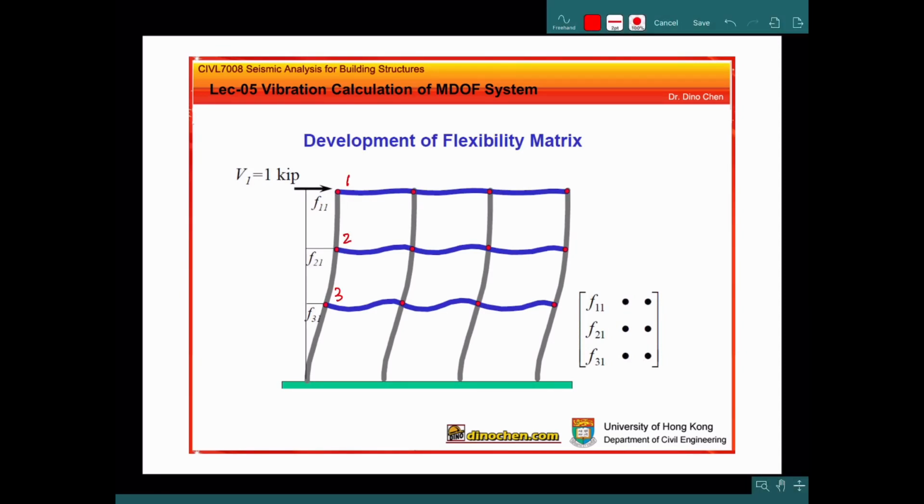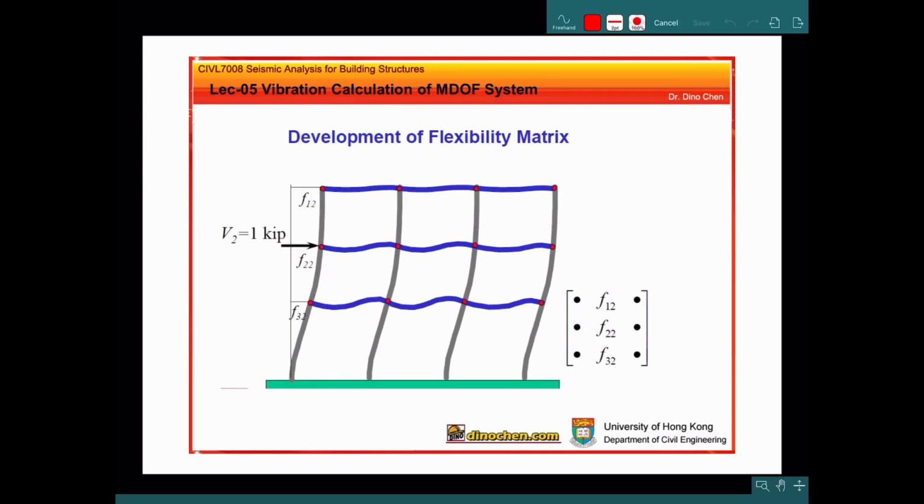When we apply the horizontal force at the top, this model has the rigid floor diaphragm situation, and then we can get the 3-story displacement. We mark these as F11, F21, and F31. In the second situation, we apply the unit force at the second floor, so we mark F12, F22, and F32. These are the displacements for the 3 nodes.